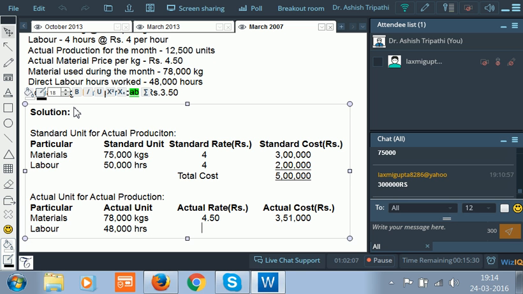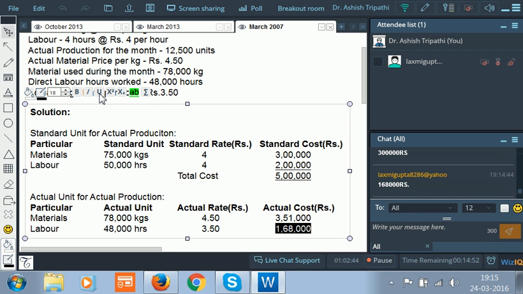Labor, actual labor 48,000 hours. Actual rate is 3.50. So 48,000 into 3.5 will give you 1,68,000. You are correct.